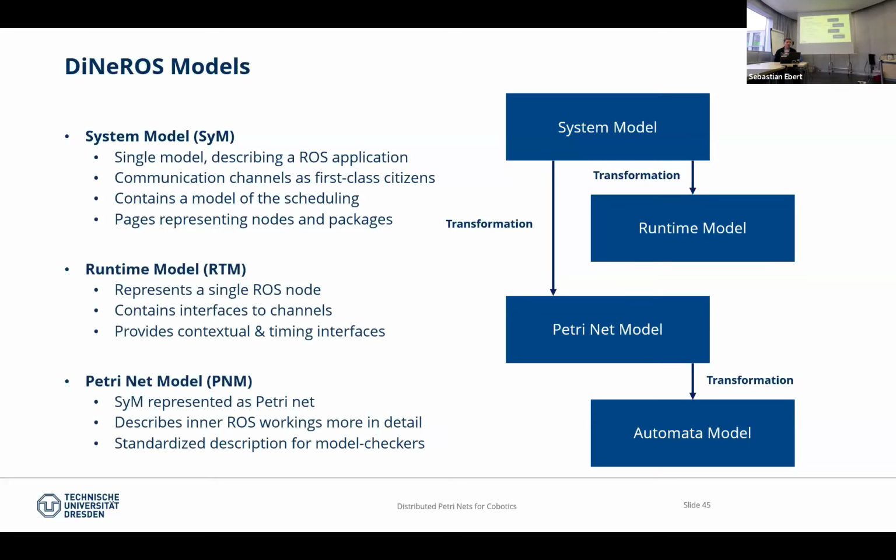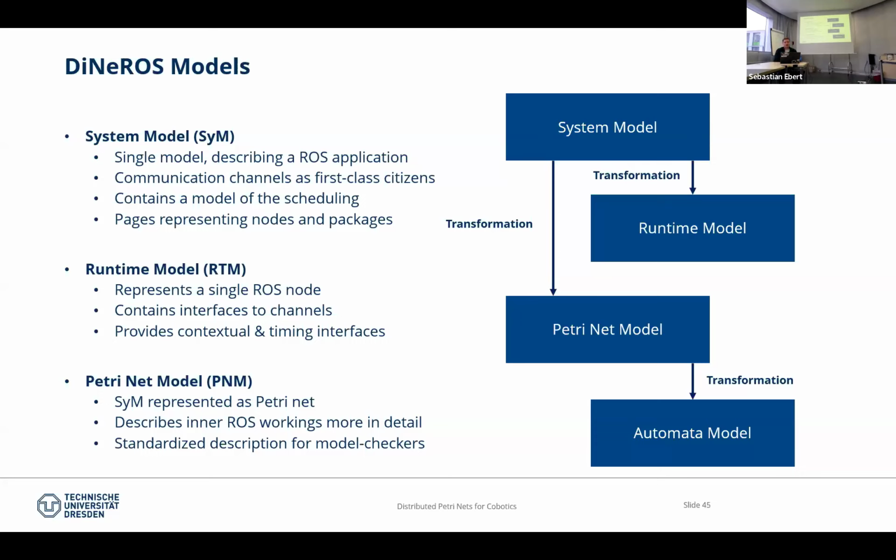And the Petri net model is then a transformed version down to a normal Petri net, which does not contain any of our customized modeling elements from the system. So that's a model-checkable model at first. And finally, we have the automata model, which is just the automata representation of our Petri net model. That was needed in our work because there was no model checker existing for the Petri net formalism that we just had a look at, so we had to extend it. For the Petri net model, we use TINA, which is the state-of-the-art model checker there.